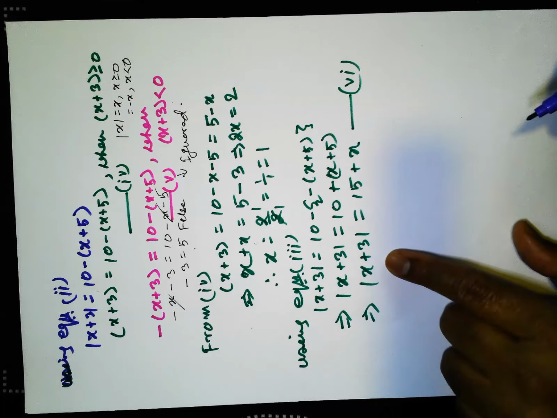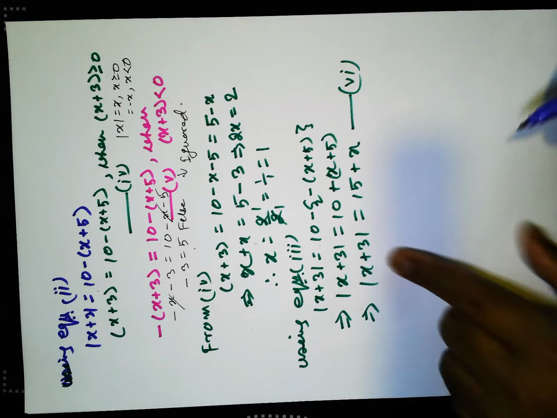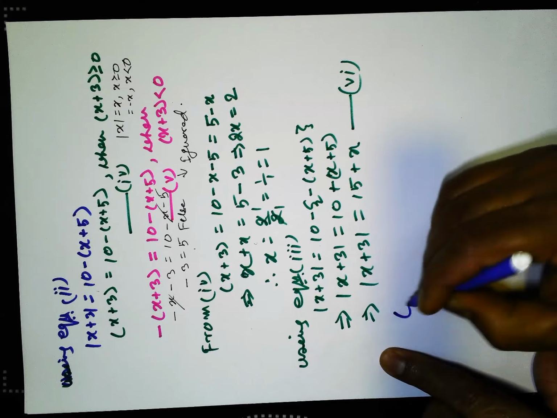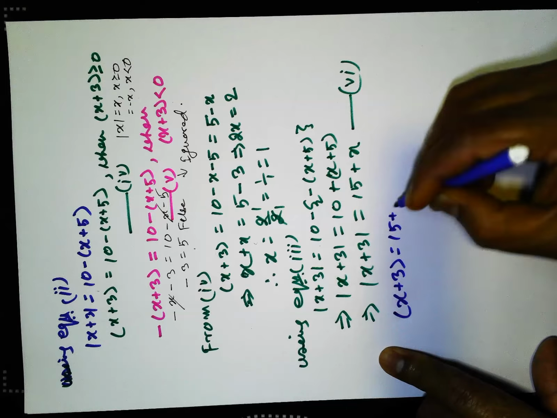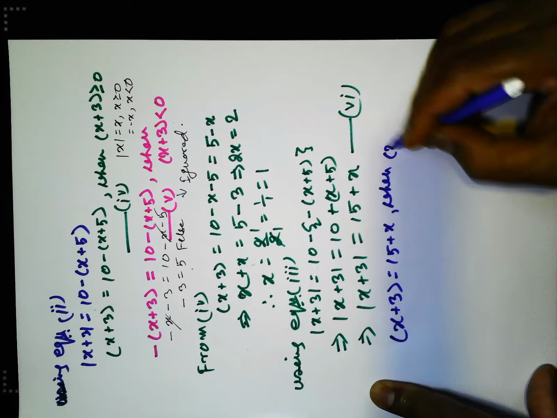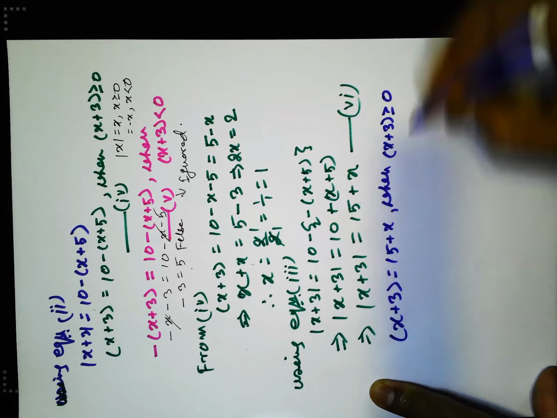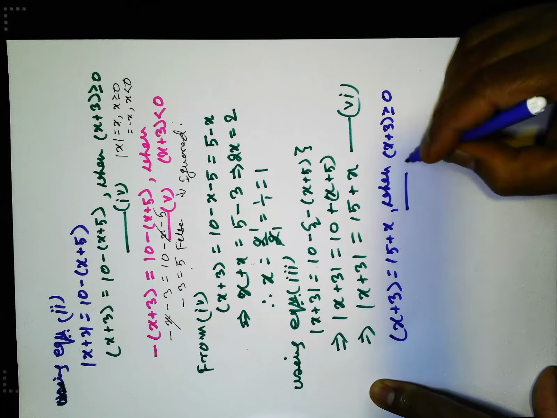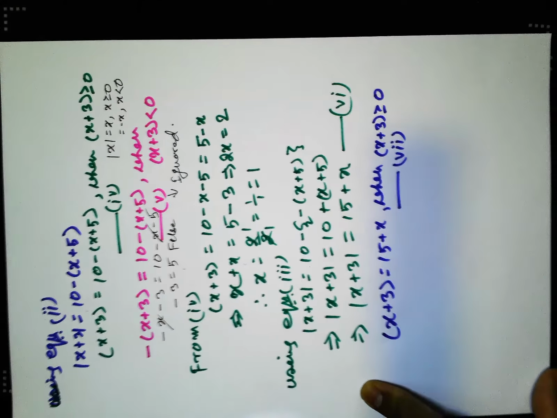Now here you can see x plus 3 is again inside the modulus sign, so we have two possibilities here also. One possibility is x plus 3 equals 15 plus x when x plus 3 is greater than or equal to 0. You can call it equation 7. It will be easy to find once we need it.